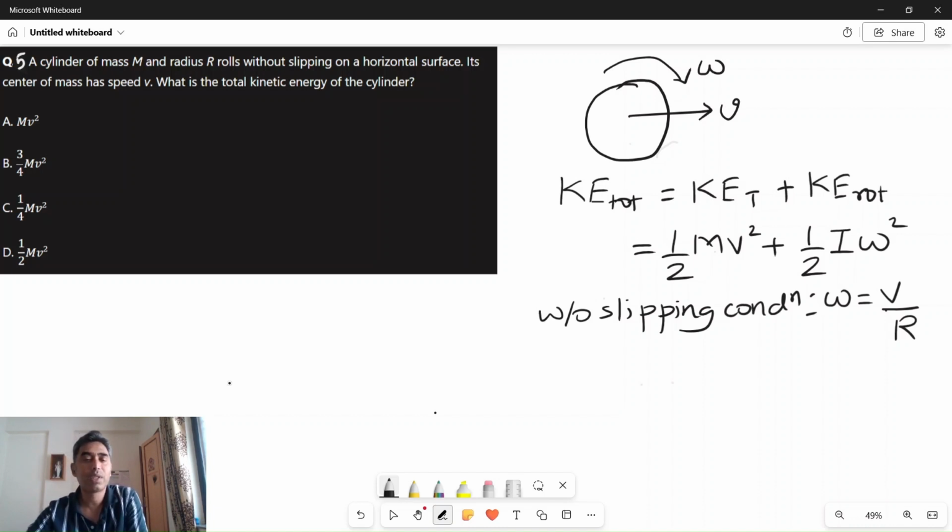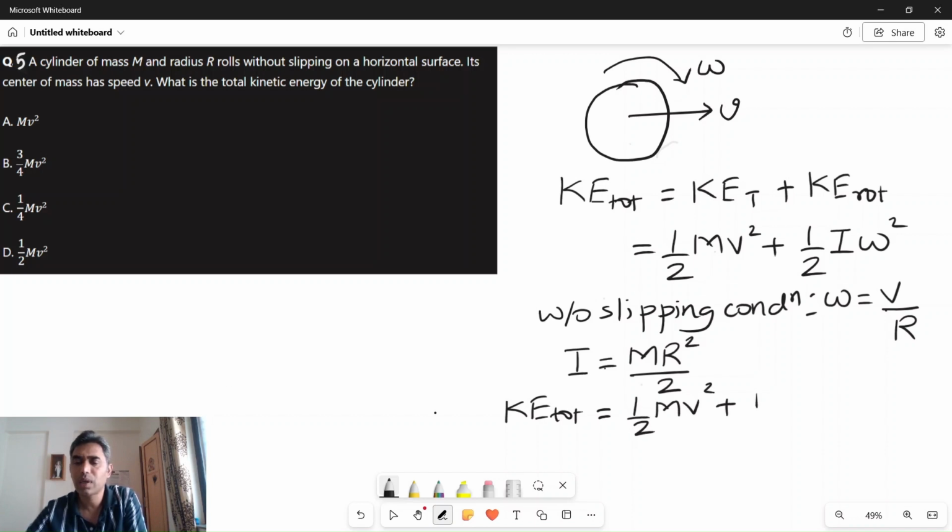Next, I is the moment of inertia of the cylinder about its center of mass axis. This is equal to mr square by 2. If you put this in the equation, total kinetic energy will be equal to half mv square plus half, mr square by 2, into omega square.